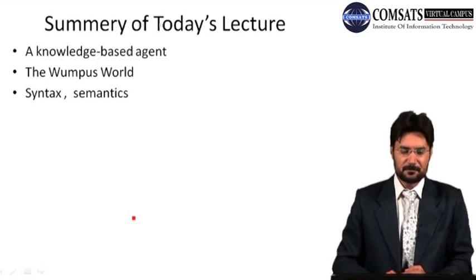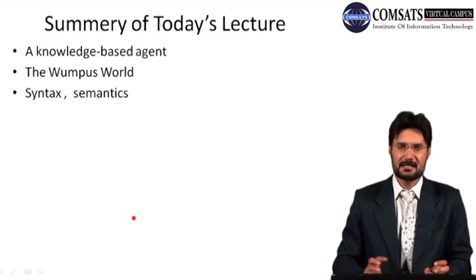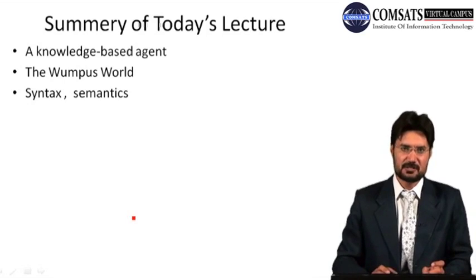Then we were looking at an example which is Wumpus World. We tried to understand how it is working, and how we move to a next step based on some logic and how we understand this logic. So we were discussing all this, and at the end we understood what syntax and semantics mean and how we can represent our world.